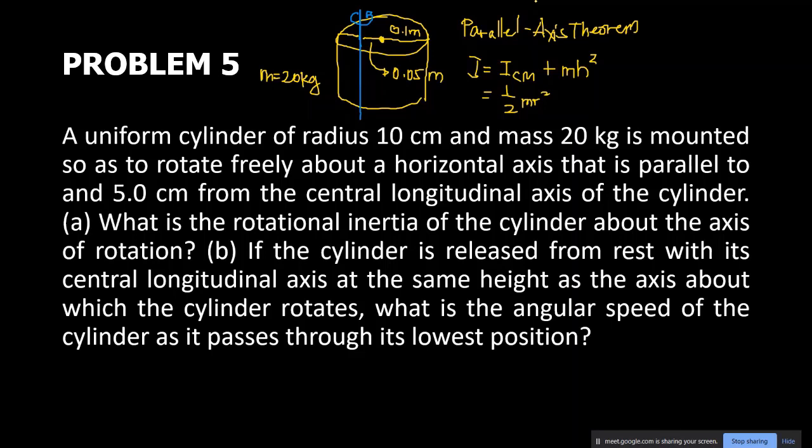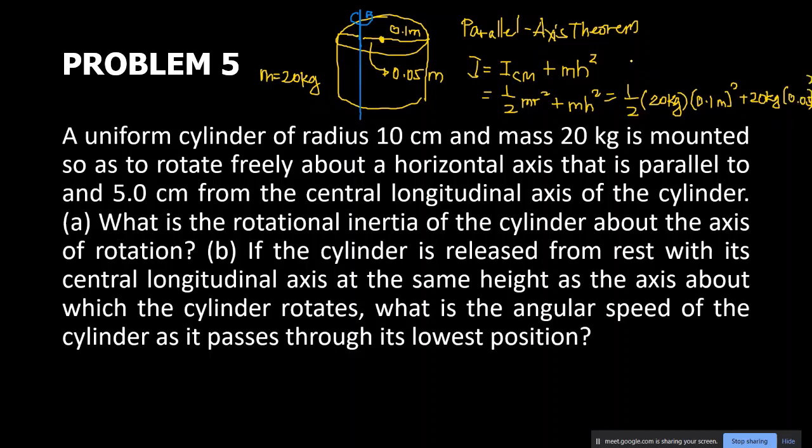Kapag titignan nyo doon yung relationship of moment of inertia of various solids, di ba meron yung shell, solids, sphere, ganon. So, the uniform cylinder follows a formula of 1/2 mr squared plus mh squared. So, we compute 1/2 times 20 kilogram times 0.1 meters squared plus 20 kilogram and height of 0.05 squared.